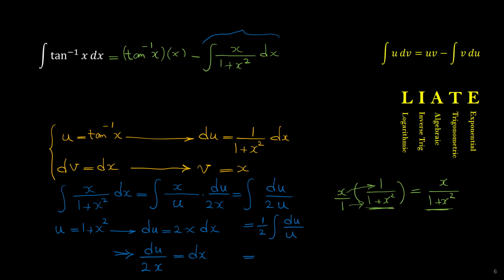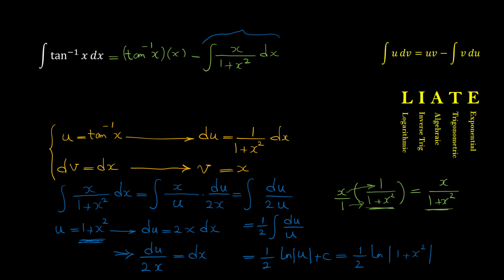We know that integral of du over u is ln of u, or ln of absolute of u, plus c. But u was originally 1 plus x squared. So this equals 1 over 2 ln of absolute of 1 plus x squared.